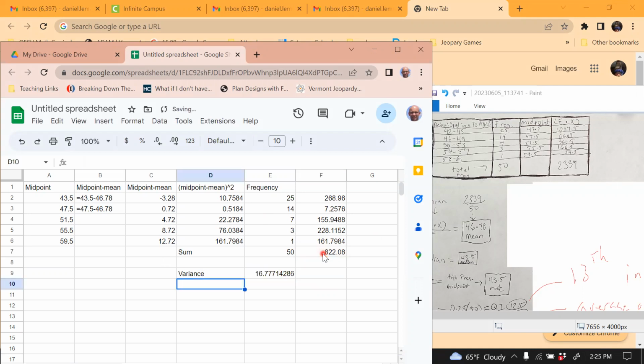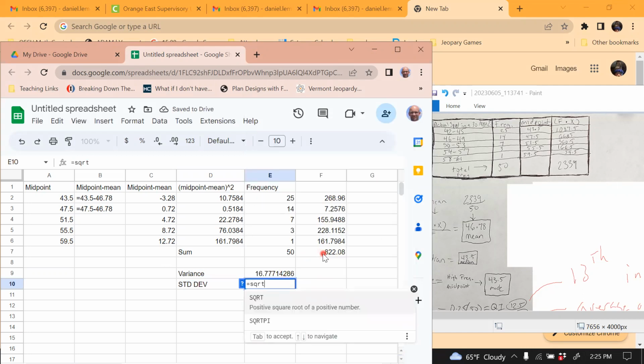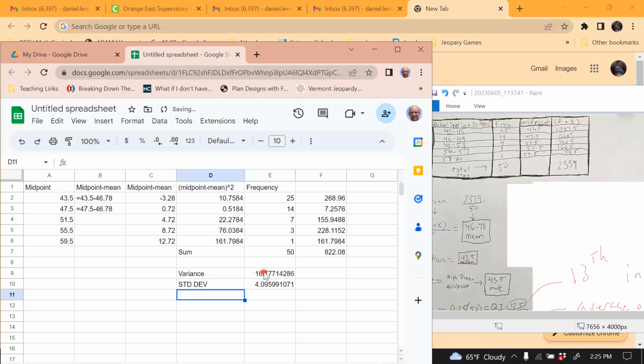Now to get the standard deviation, we take the square root of that variance number. That's the standard deviation for all those numbers.